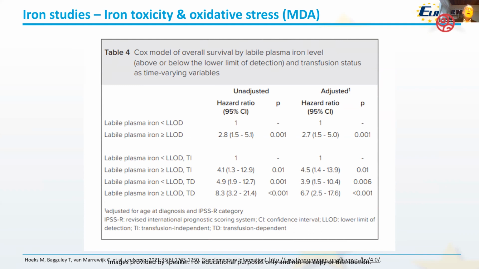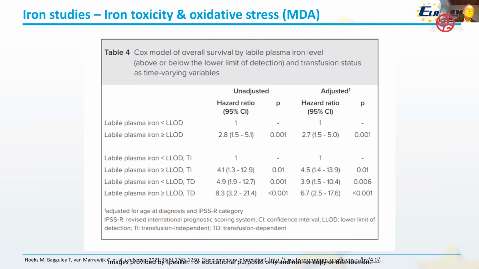When you subdivide these patients into the 4 groups from the survival curves, the reference group is the patients without toxic iron molecules, and you can see that patients who are transfusion independent but have detectable labile plasma iron molecules have a 4 times higher risk of premature death than the control group.